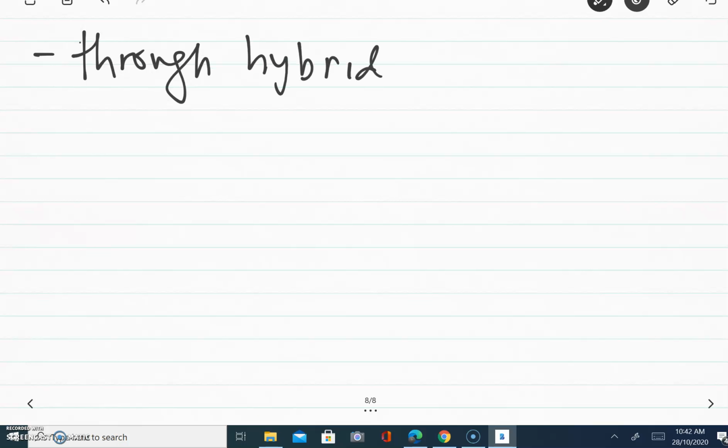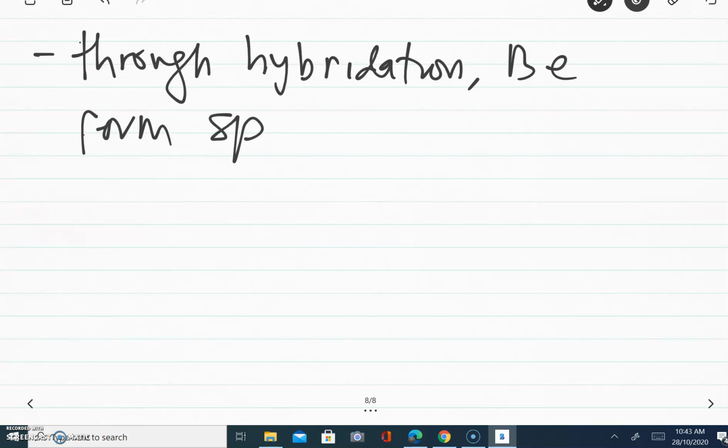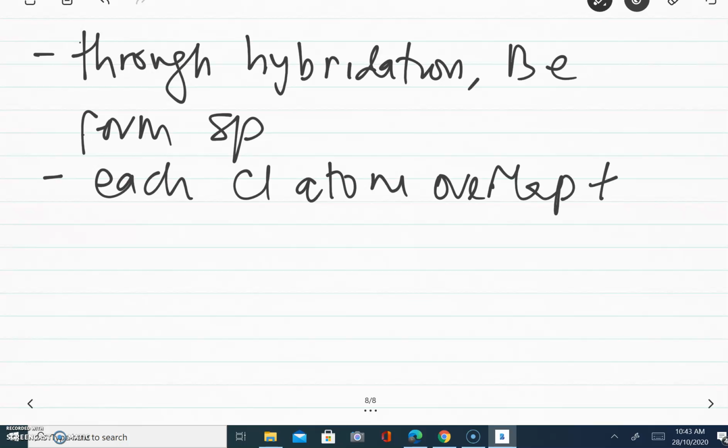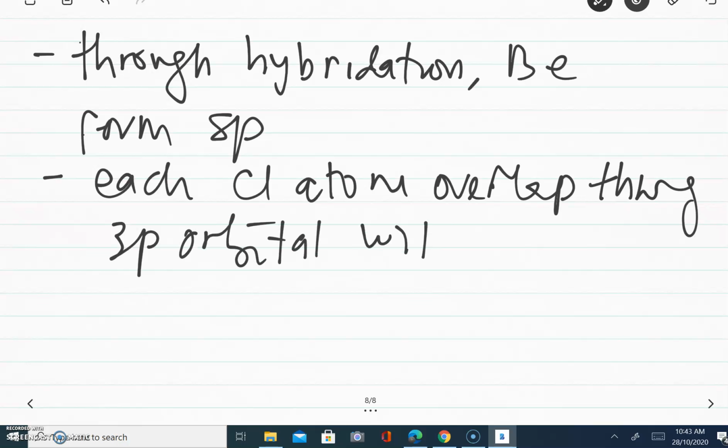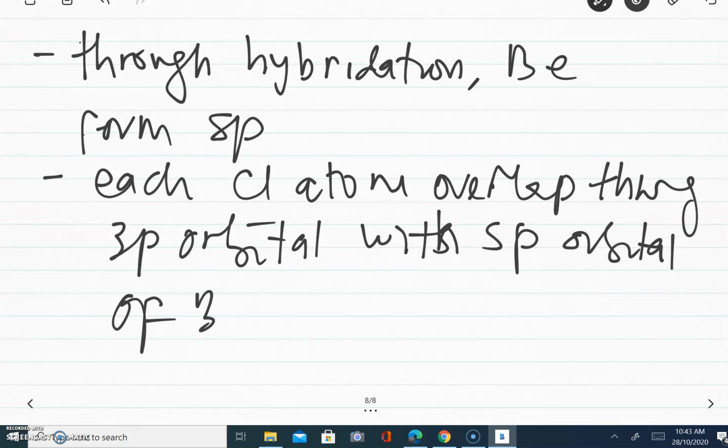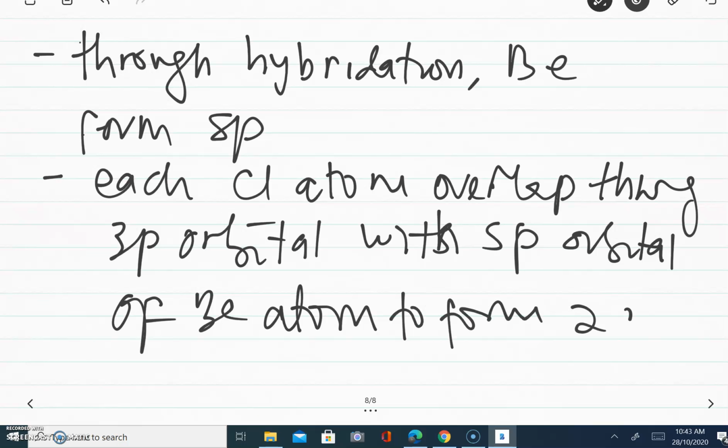Next, through the hybridization, beryllium forms sp hybrid orbitals, and each chlorine atom overlaps through its 3p orbital with the sp orbital of the beryllium atom to form 2 sigma bonds.